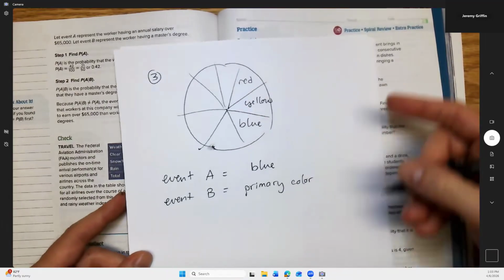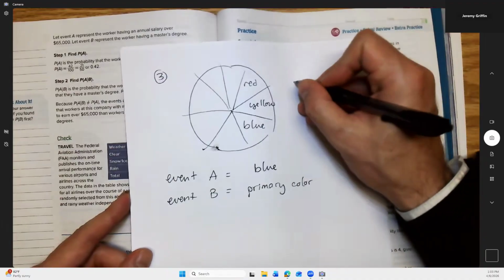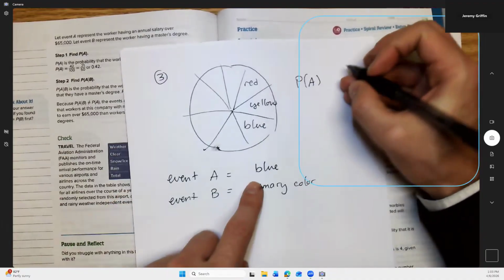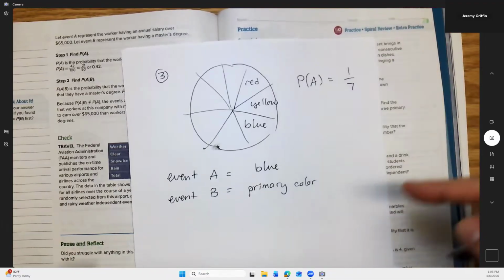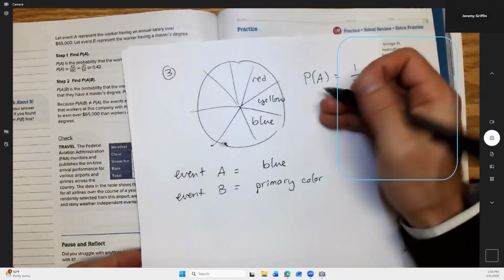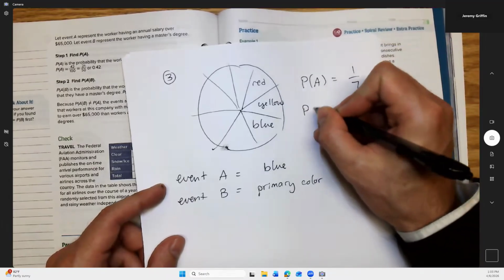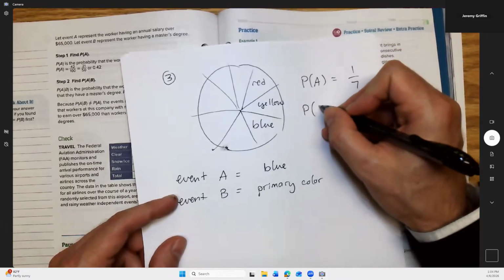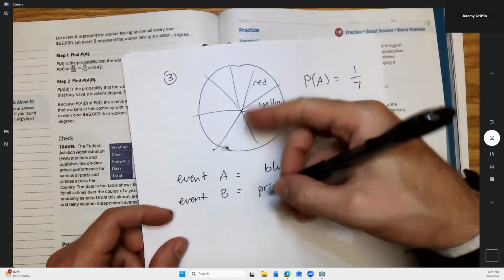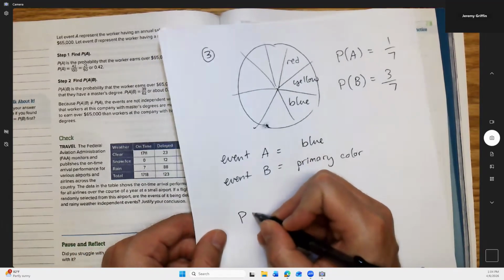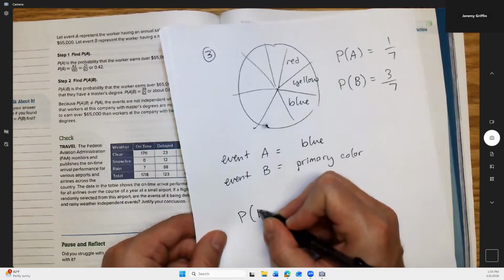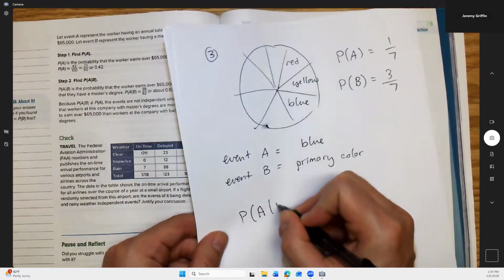Okay? Now, just to do a little overkill on this, the probability of event A would be 1 out of 7. So if you just keep spinning this all day and getting random wedges, 1 out of 7 times it'll be blue. Okay? The probability of one of the primary colors, which is event B, well, it's 3 out of the 7 wedges. Okay? Now, what is the probability of event A given event B?